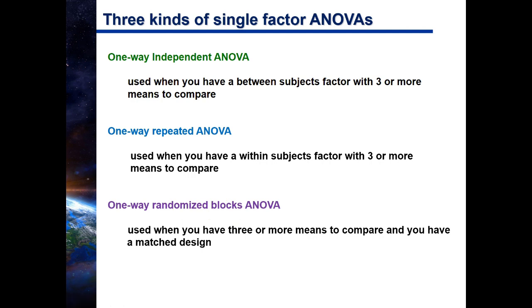Now, one piece of good news, I suppose, is that regardless of whether it's a one-way randomized blocks or a one-way repeated ANOVA, it's analyzed and interpreted the exact same way, all right? So it's just to help the reader know in advance what the factor was. Was it within subjects or was it between subjects but with matching?